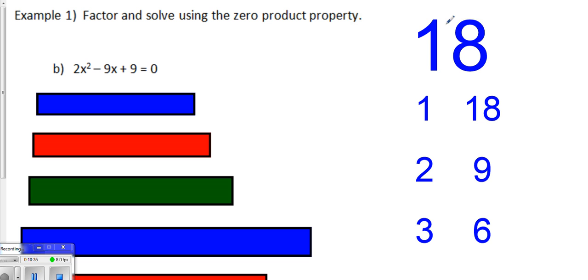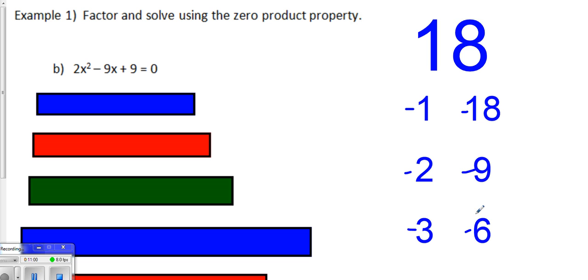Because this number, 18, is positive, and this number is negative, that means either both of these have to be positive, or both of them are negative, because this one is positive. And because this is negative, we know that means we're looking for two negatives. So I'm going to go ahead and just write in negatives in front of all of these right away.